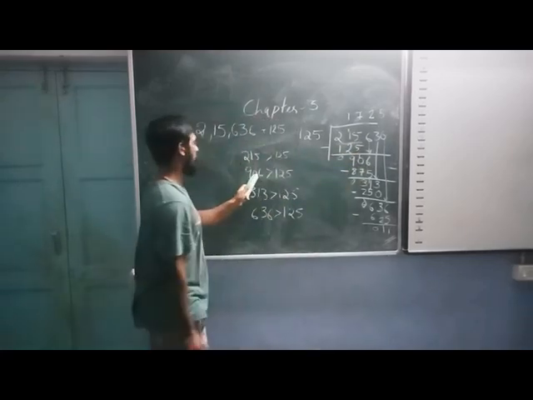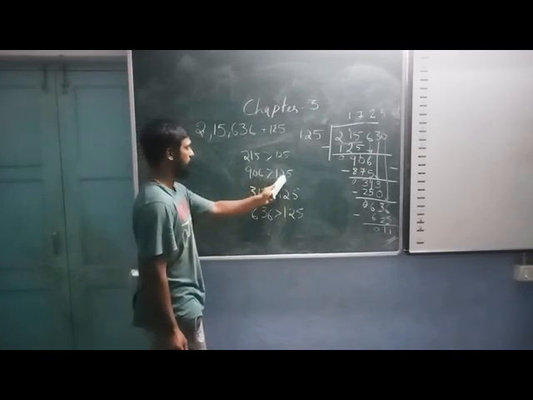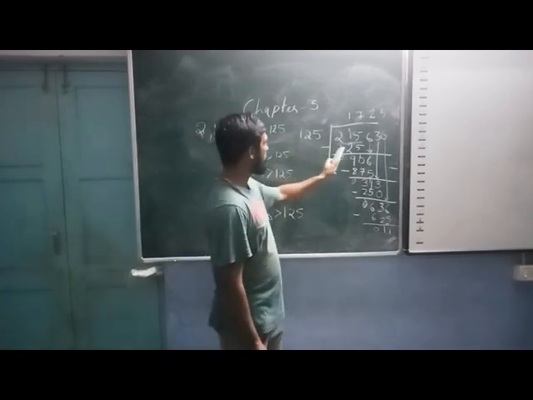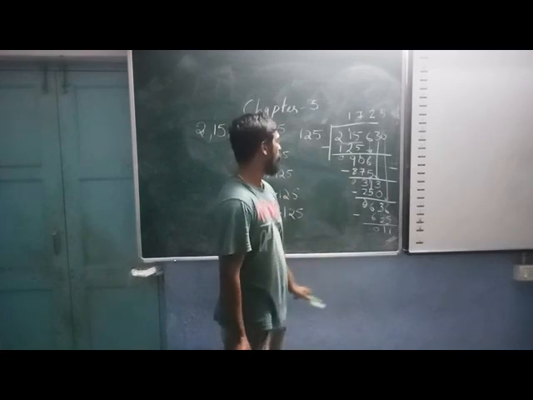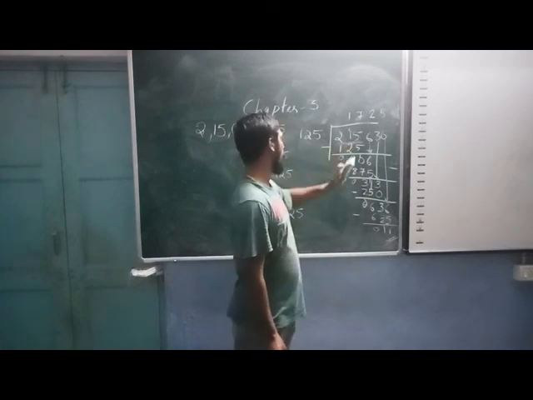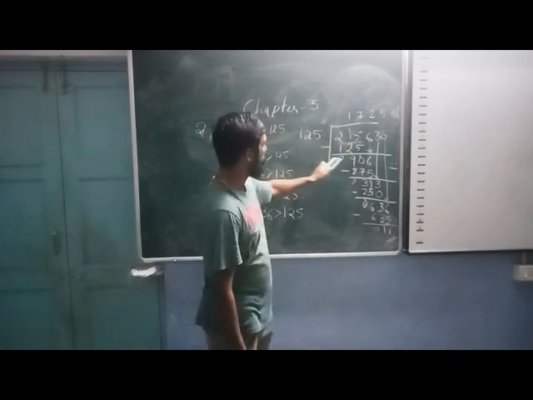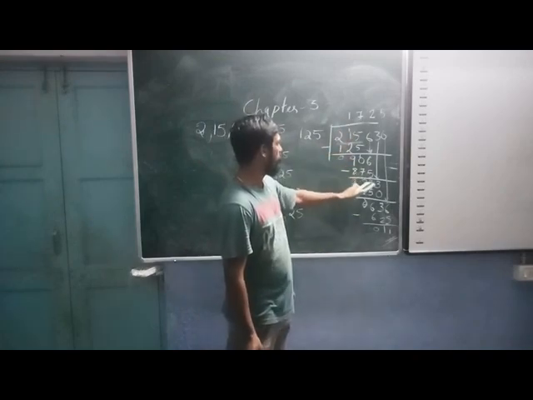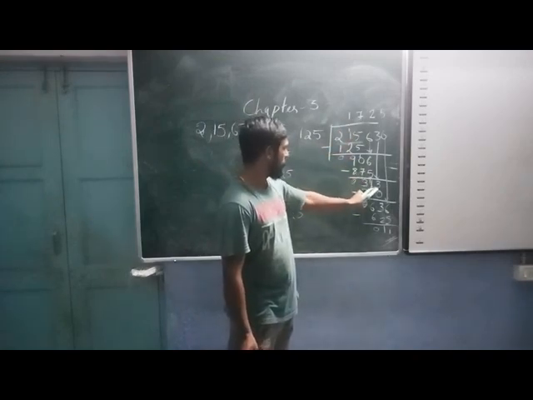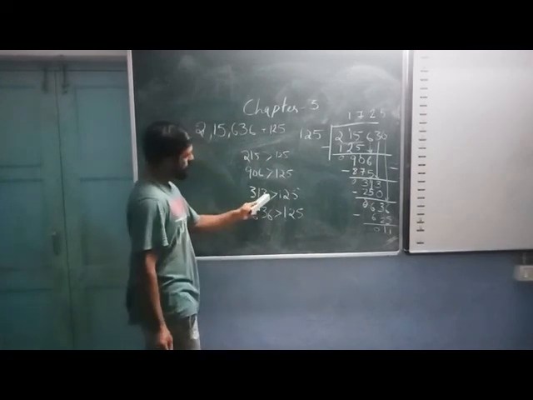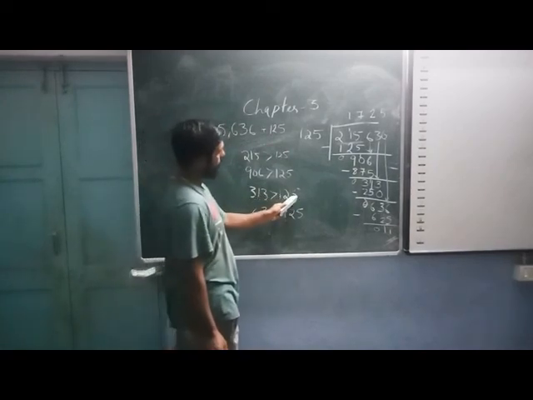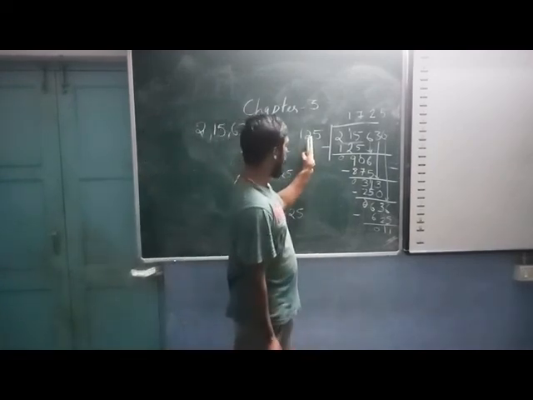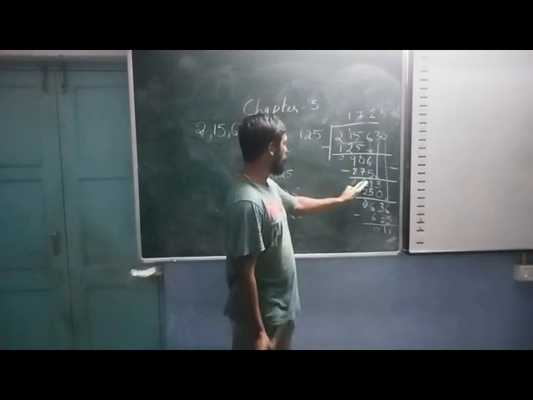So now see, 906 is greater than 125. So we sought how many times 125 in 906. There are 7 times. So multiplied by 125 into 7, we get 875. So subtracted, we got 313. So 313 is greater than 125. Again we saw how many times 125 in this number.